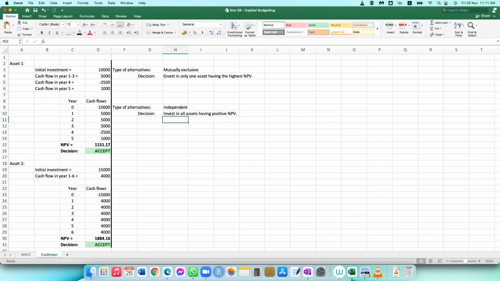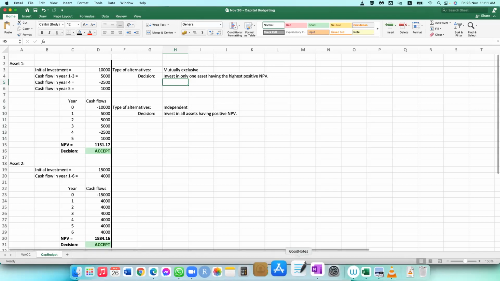We need to correct the previous one, because we should also mention the highest positive, because we can never take the negative NPV project, even if it is less negative. Do you understand? So if the alternatives are independent, then you have to invest in all assets having positive NPV. Do you understand or not? Yes, sir. Okay. Now let us go back to our notebook.